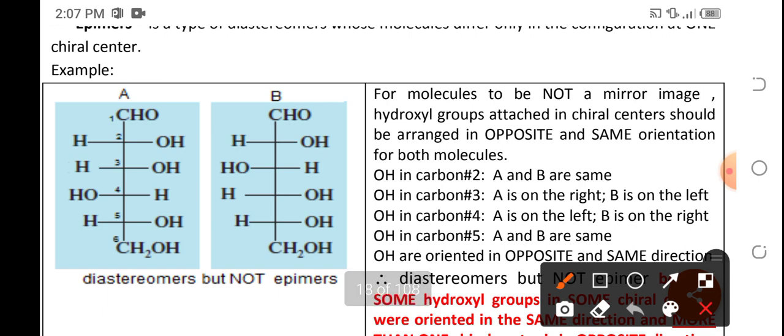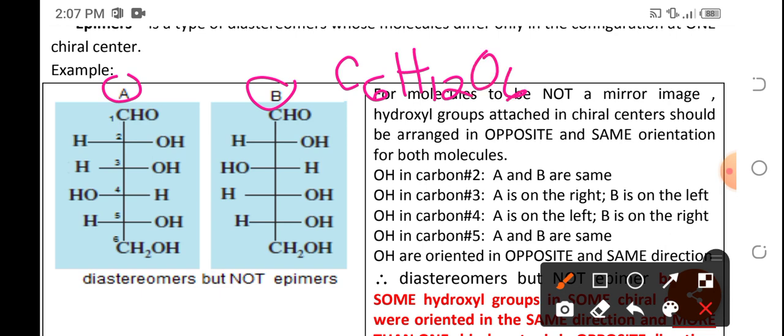Okay. We have molecule A and molecule B. Still, it is an isomer because they share same molecular formula, C6H12O6. They have similar structure. However, the orientation of the hydroxyl are just different, making it a stereoisomer. Okay. On the first chiral center, at carbon number 2, the hydroxyl is oriented on the right.